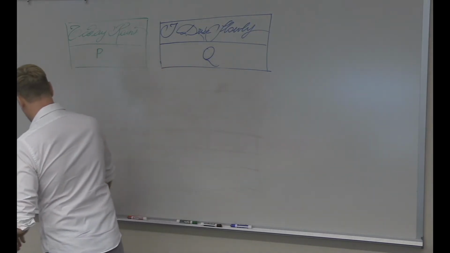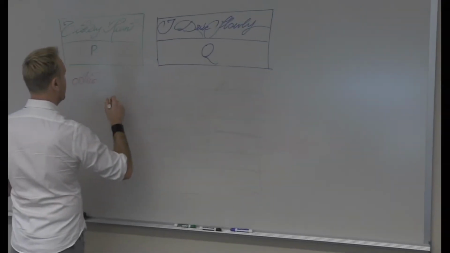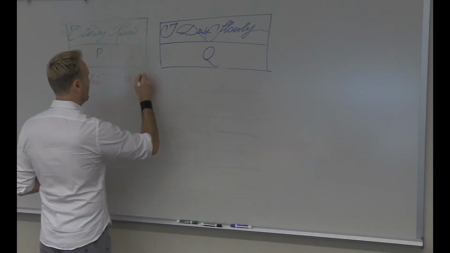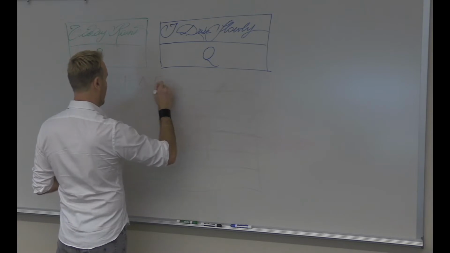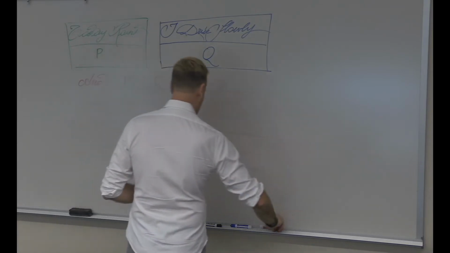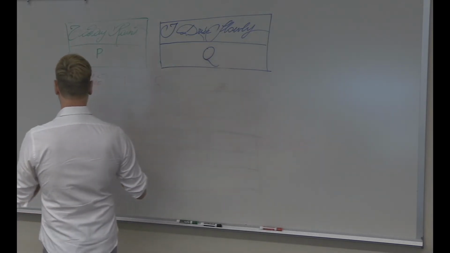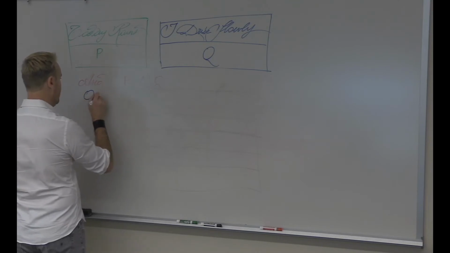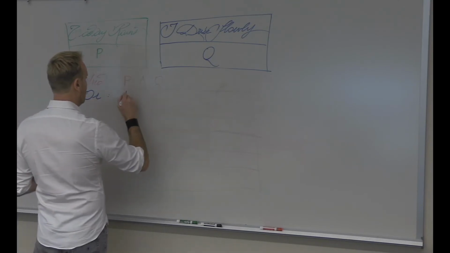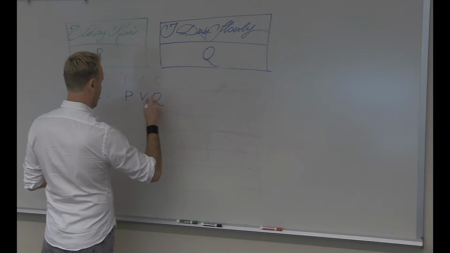We already mastered the first one. So the and is P and Q, okay? Then we followed up with the or, and we wrote P or Q like this.